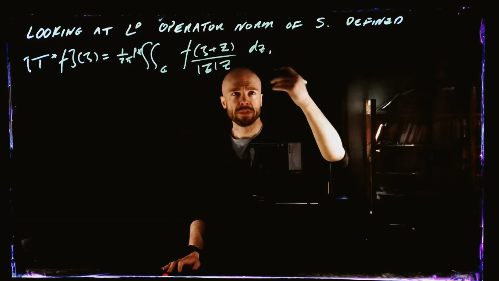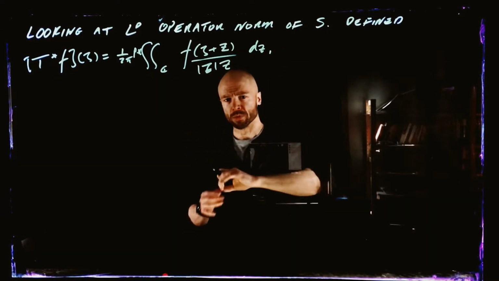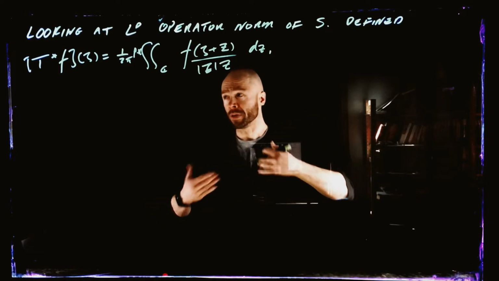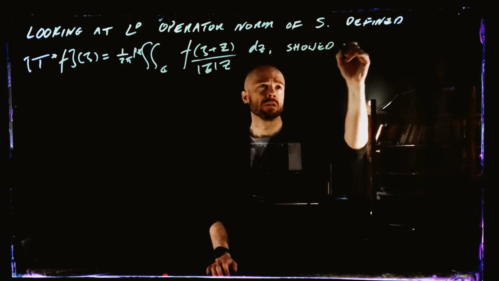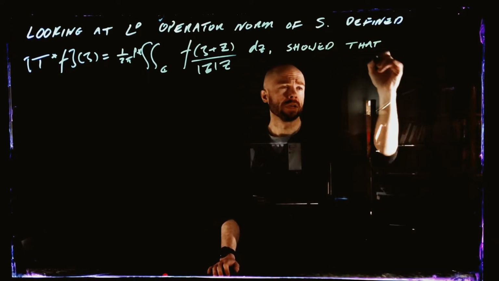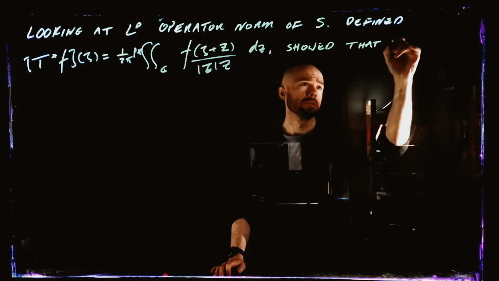And using the fact that the one-dimensional Hilbert transform was bounded in LP, we could show that this thing was bounded in LP, which was kind of a lengthy computation, but we did it.